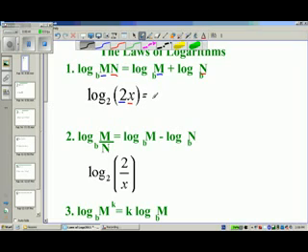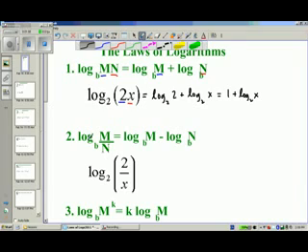So this is just going to become the log base 2 of 2, and then the formula says plus log base 2 of x. Now that would be simplified, except we know that the power you put on 2 to get 2 is 1, so I can write this as 1 plus log base 2 of x.